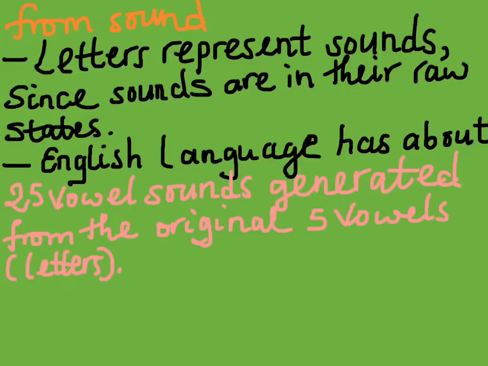I take it all over again. The 5 vowel letters which we know, which is usually sound A, E, I, O, could generate 25 different vowel sounds used in the spellings or pronunciations of English words.